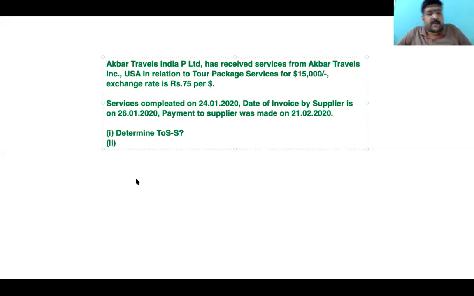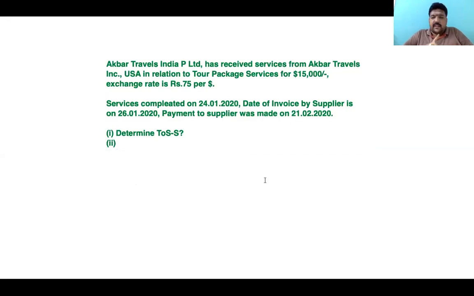Honestly, all of you answer me. Anywhere in the question, is it mentioned whether it is forward charge or reverse charge? It is not mentioned. Correct?